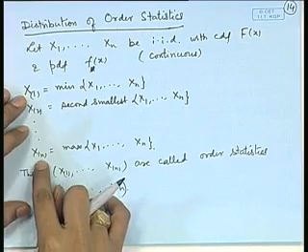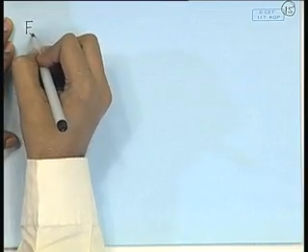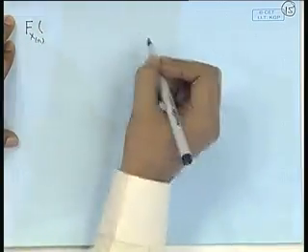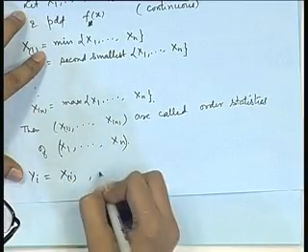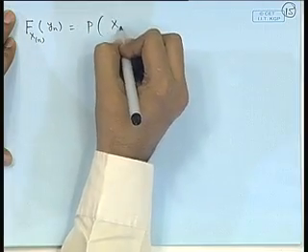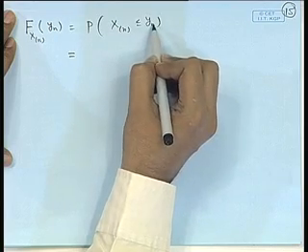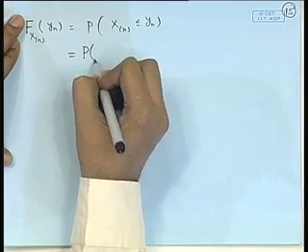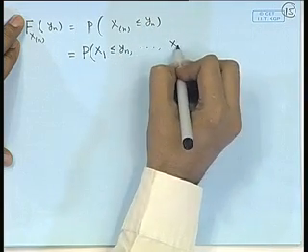Suppose we want to find out the distribution of X(n). So, we may use a direct approach. For example, we look at F of yn. Let me use a notation here, say yi is equal to xi for i is equal to 1 to n. So, the distribution of the largest, that is probability of X(n) less than or equal to yn. Now, notice here this is maximum being less than or equal to yn. This event is equivalent to that each of the Xi's is less than or equal to yn.